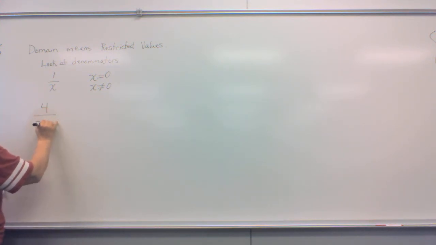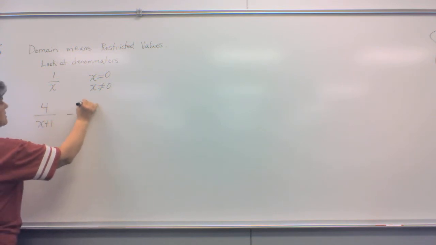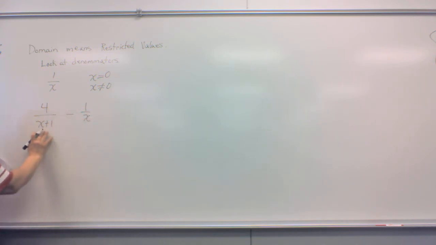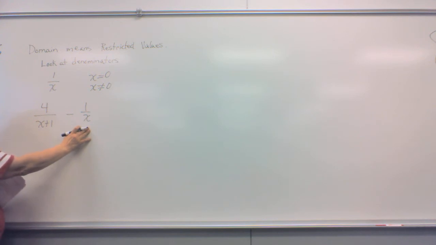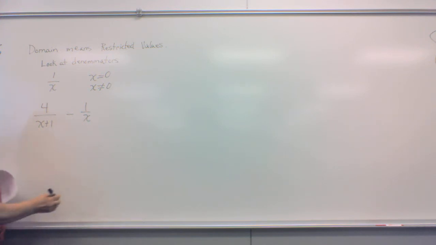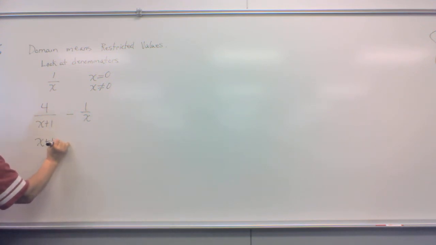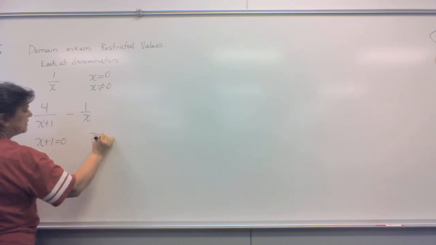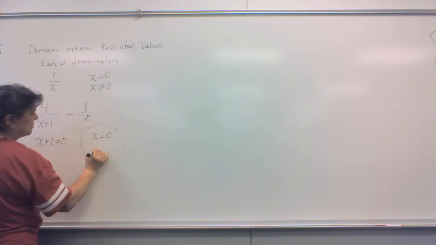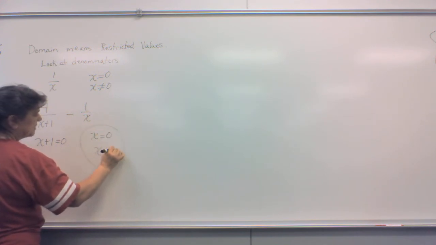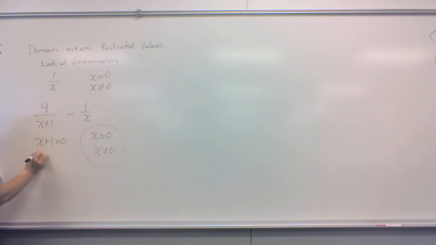4 over x plus 1 minus 1 over x. I have two different denominators. I have a variable in each one of those denominators, so therefore I have two different expressions that have to be put equal to 0. This one is finished once I say x cannot equal 0. This one I have to solve for x.